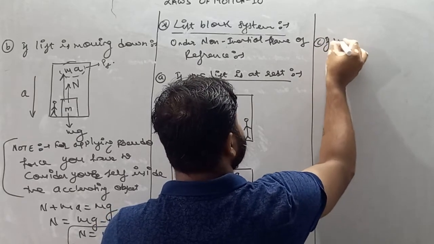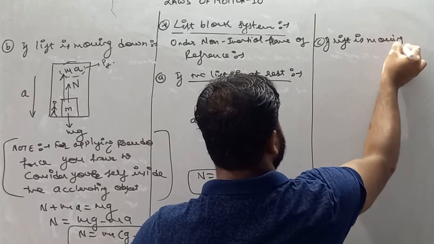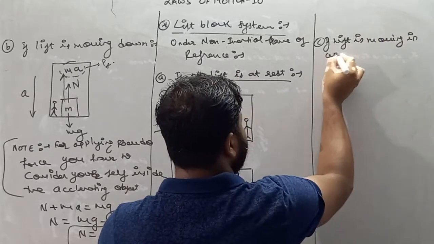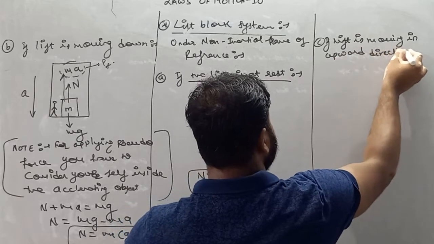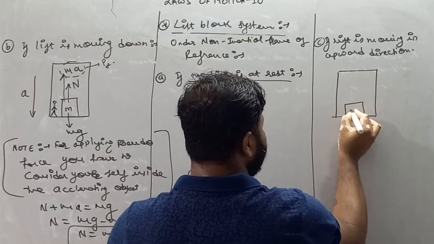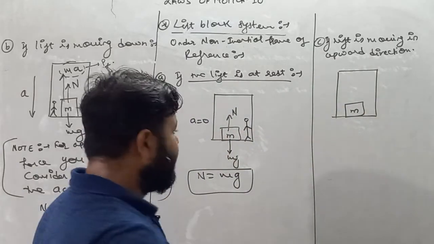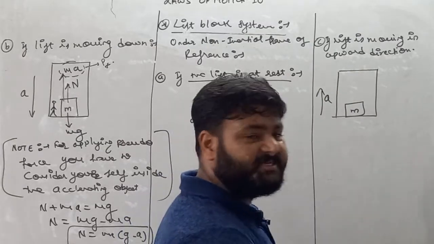If the lift is moving in the upward direction. Here is a lift in which a block is there, and the lift is moving in the upward direction with acceleration a.